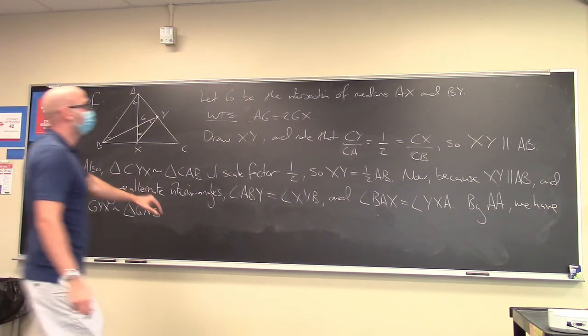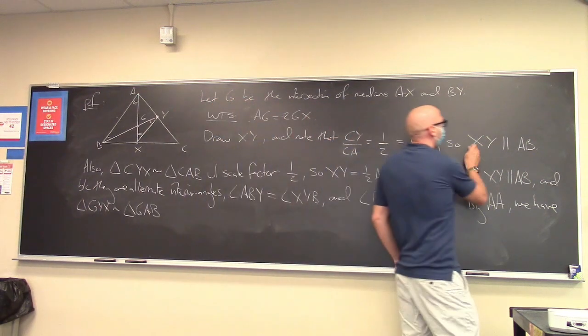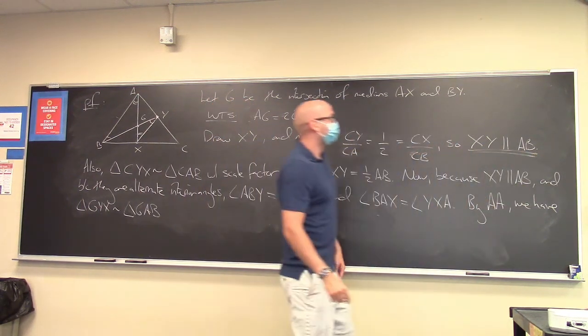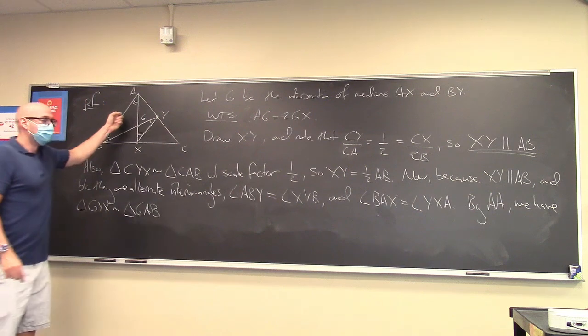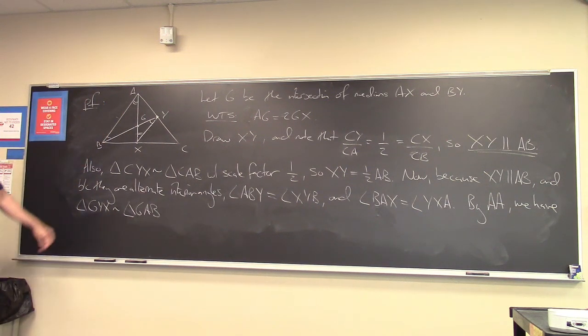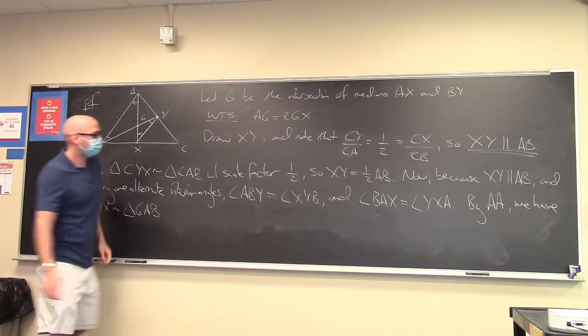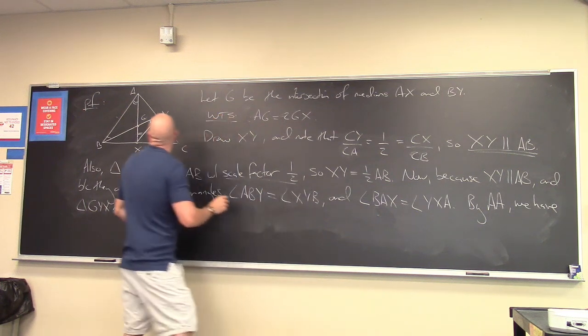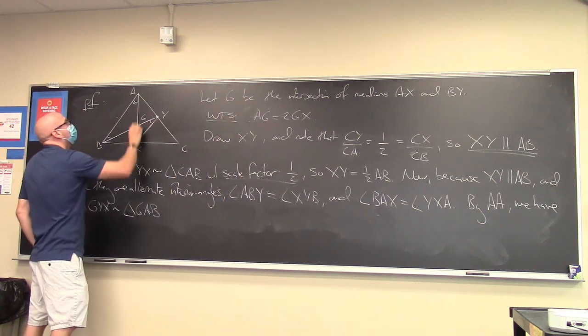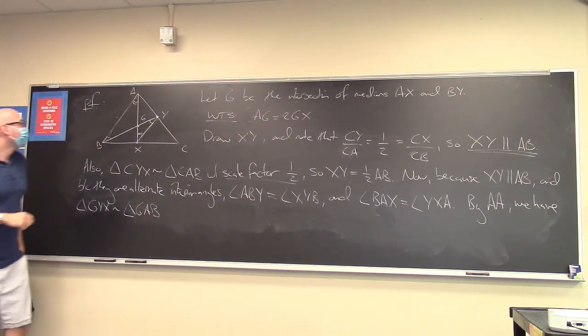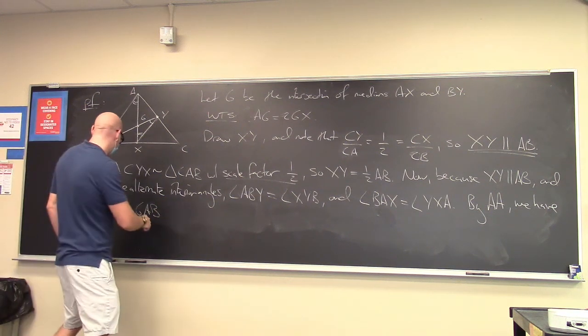So there's where we use this fact, right? We use the fact that those two lines are parallel to show that they're similar. What else have we done? What's my scale factor between these? Well, we've already seen that this side is half the length of this side, so our scale factor is 1/2.